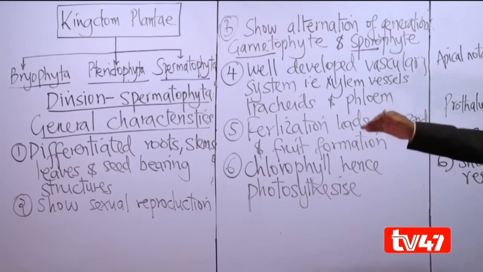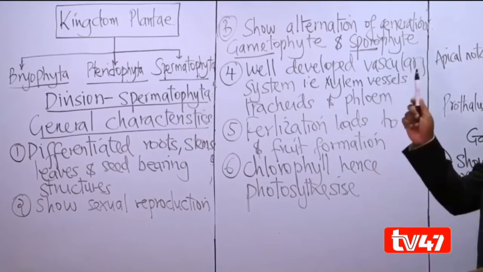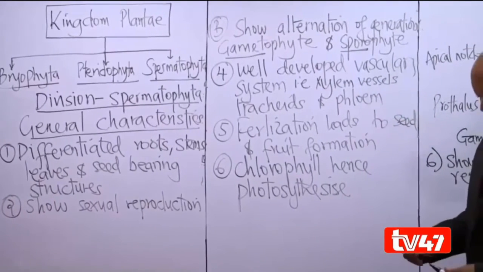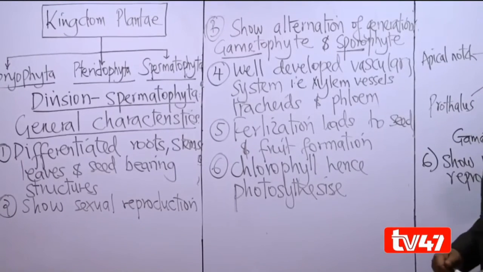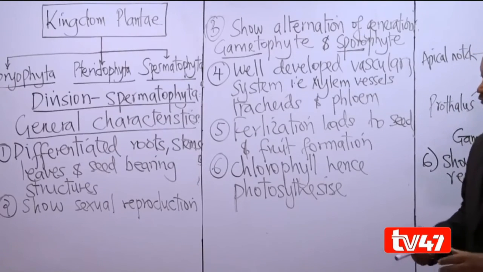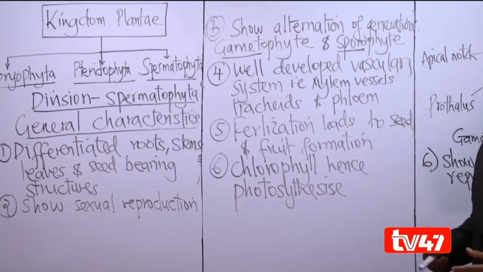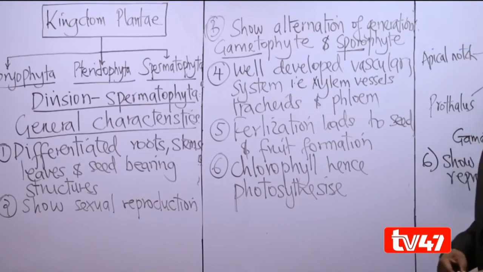But for now, for wrapping up purposes, we are saying that Kingdom Plantae has got 3 divisions. Those divisions are the Bryophyta, Pteridophyta, and Spermatophyta. We looked at Pteridophyta today, and we have noted that it is a highly developed division.